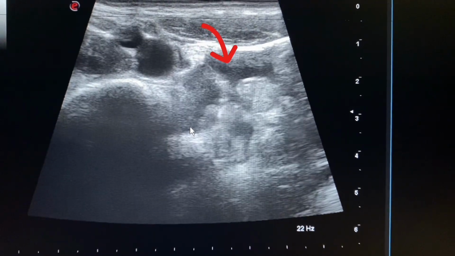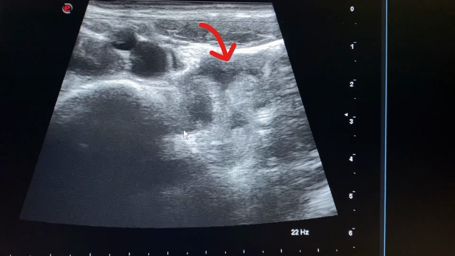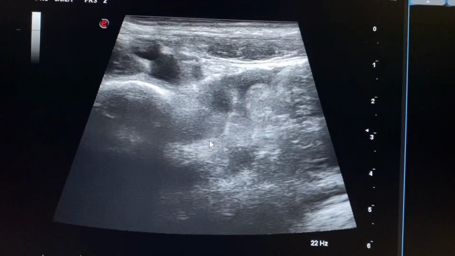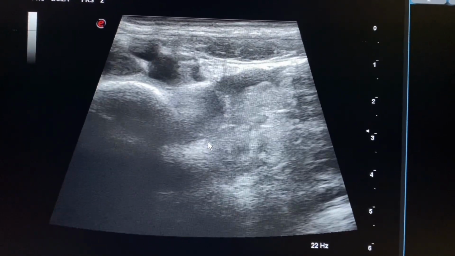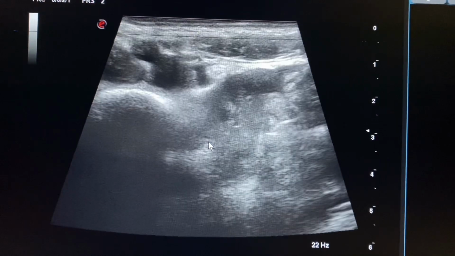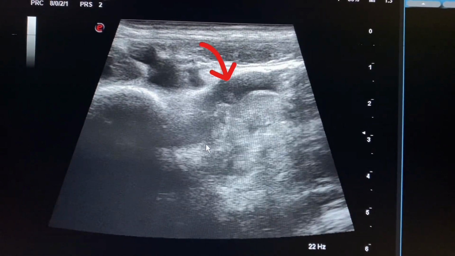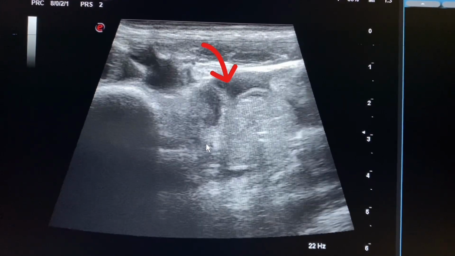These are gut loops floating in the fluid. The peristalsis in the gut loops appears to be normal.